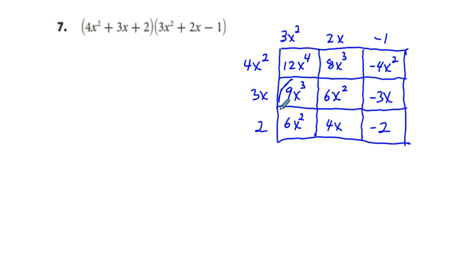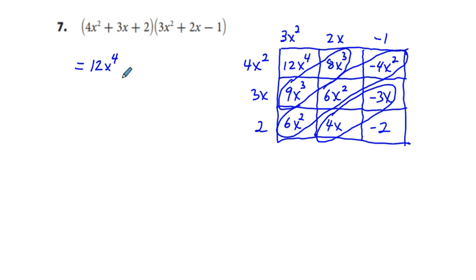And again, I'm circling our like terms. There they are. So our answer here, I'll put an equal sign to the left. We have 12x to the 4th power. And then 9x cubed plus 8x cubed is going to be plus 17x cubed. Now notice we do have some negative signs here.